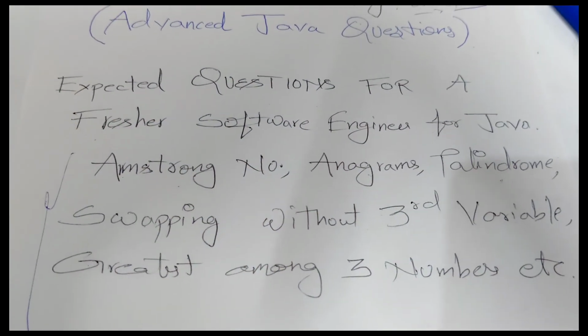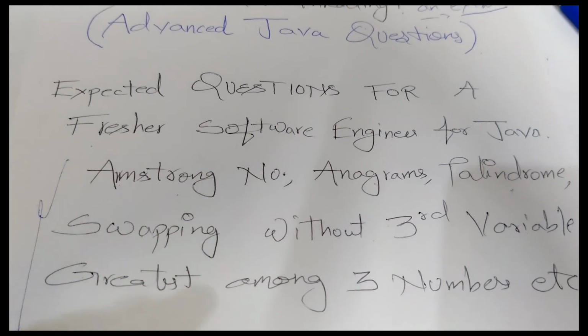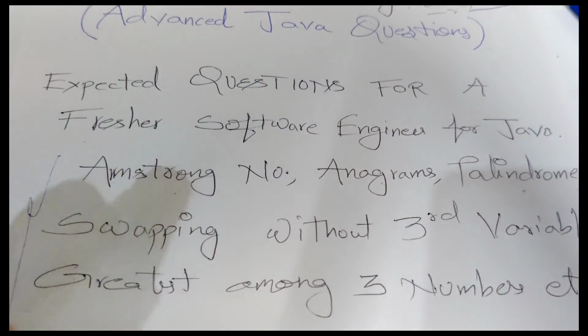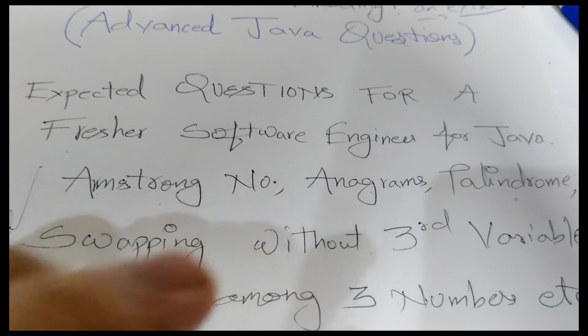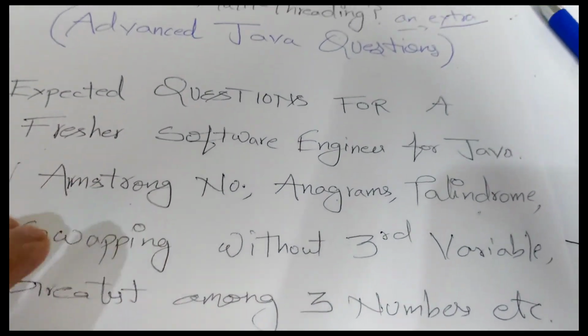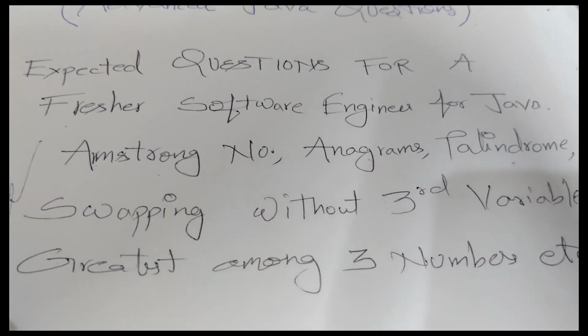All the questions I have already solved in my Java playlist. Dedicated videos are there for each single question, like Armstrong, like swapping. I think I didn't do swapping, but I'll do it. Don't worry. Palindrome and many other questions I have done. Just go through it.